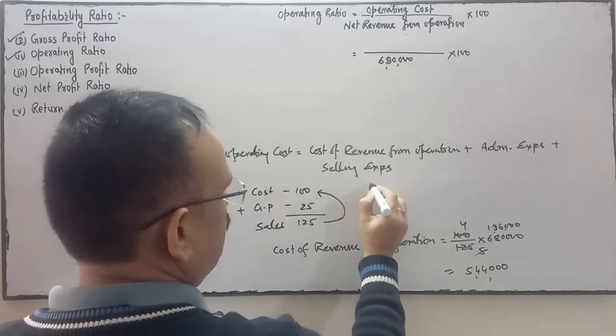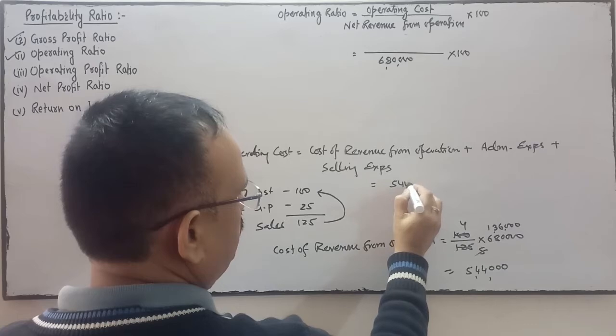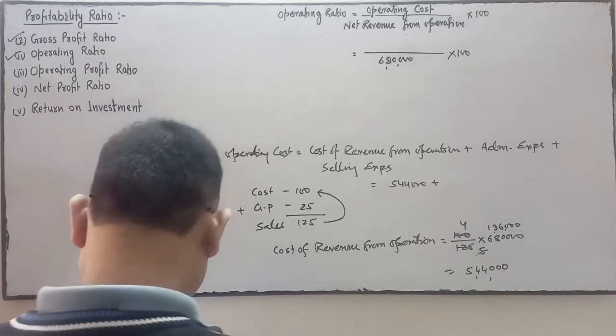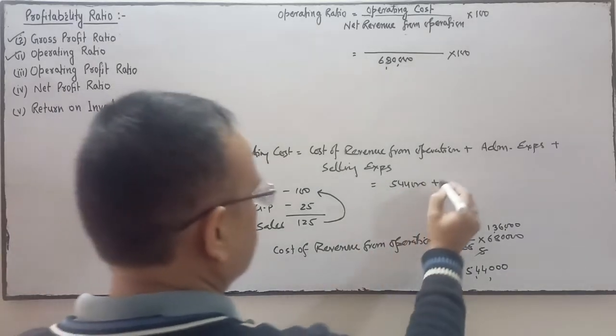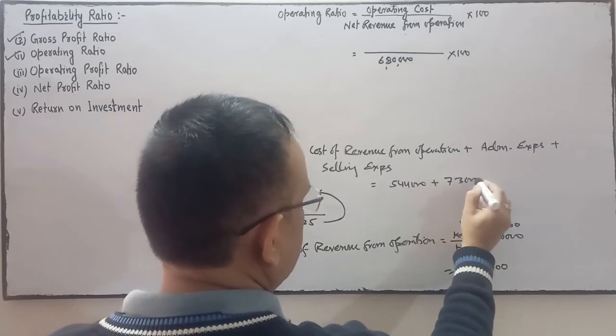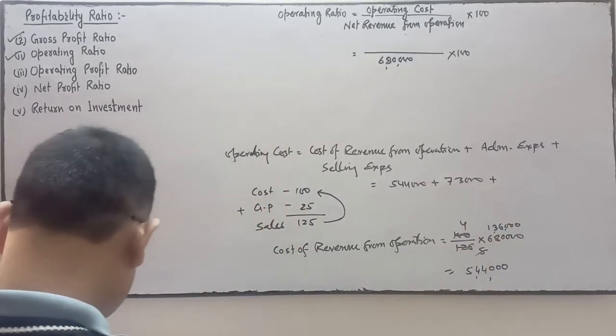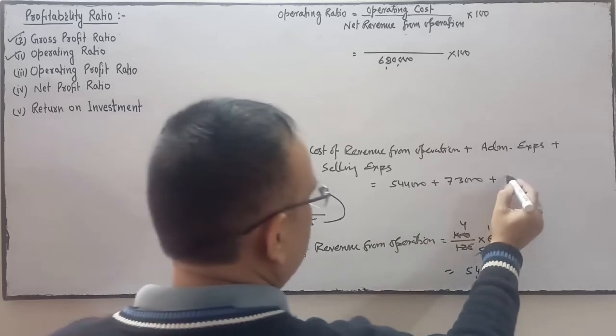Cost of revenue is 5,44,000. Administrative expense given in the question is 73,000 and selling expenses is 1,44,000.